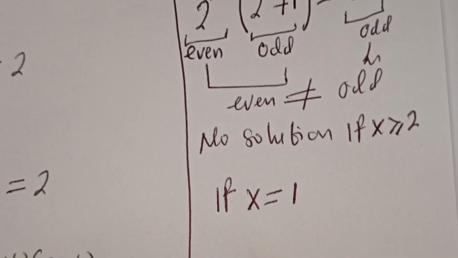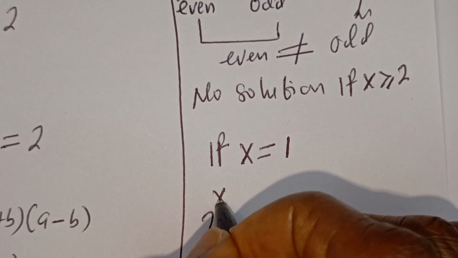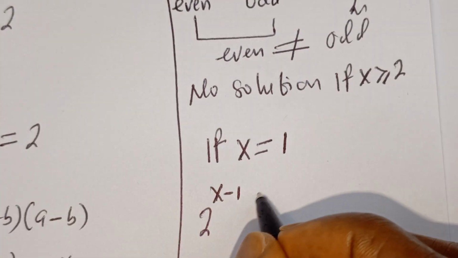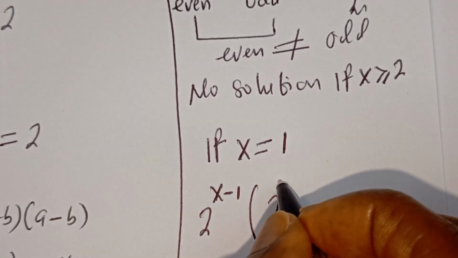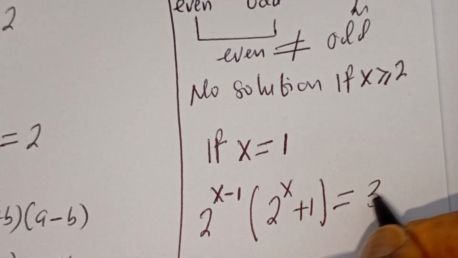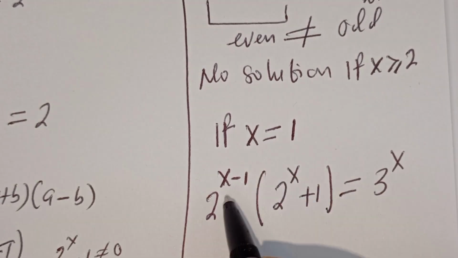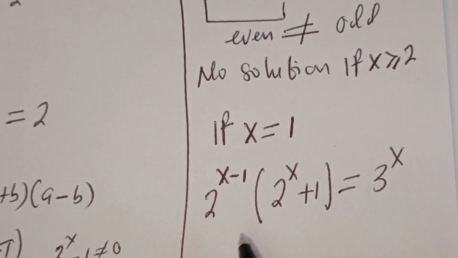Now if s is equal to 1, we have 2 to the power of x minus 1 bracket 2 to the power of x plus 1 is equal to 3 to the power of x. Now let's see if s is 1. This is 2 to the power of 1 minus 1, that is 0.